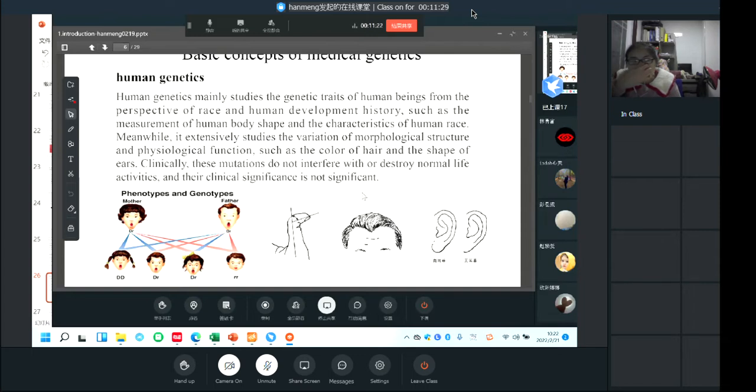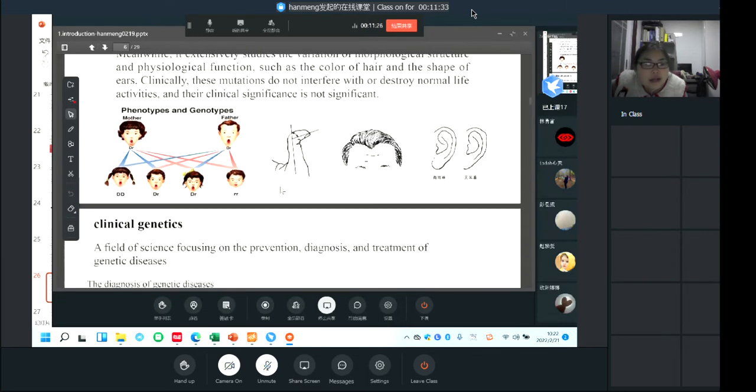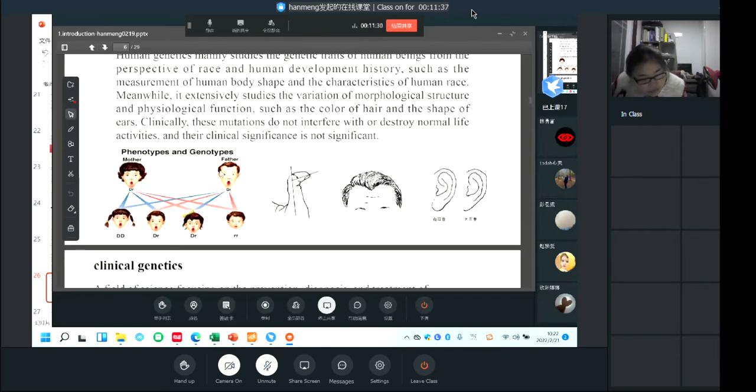For example, in a family, the mother and father may have the rolling tongue trait, or the bend of the thumb, the color of hair, or whether your ear has an earlobe or not.